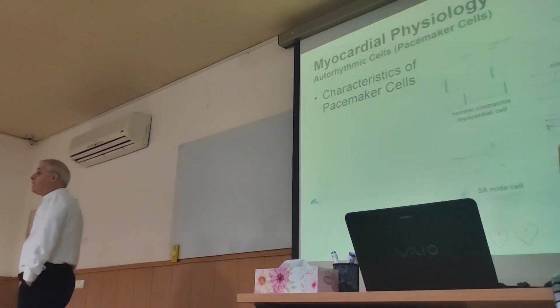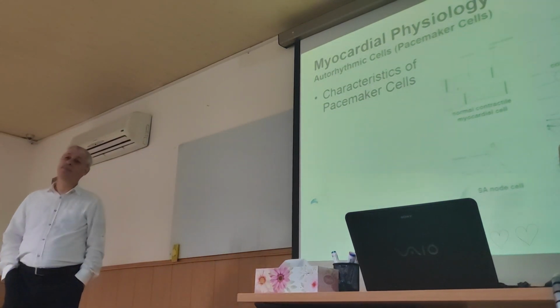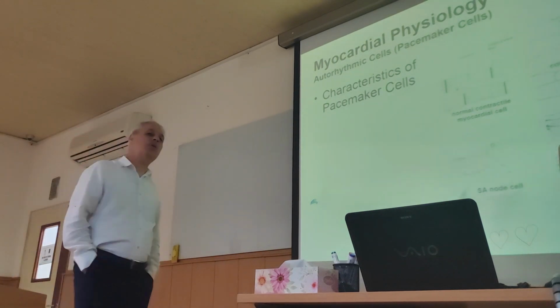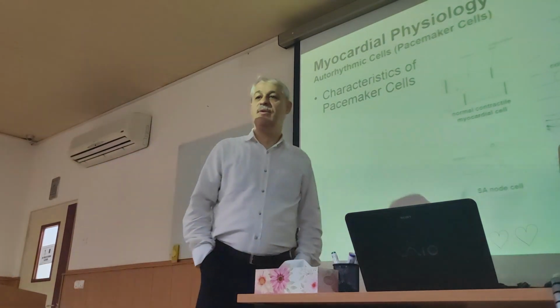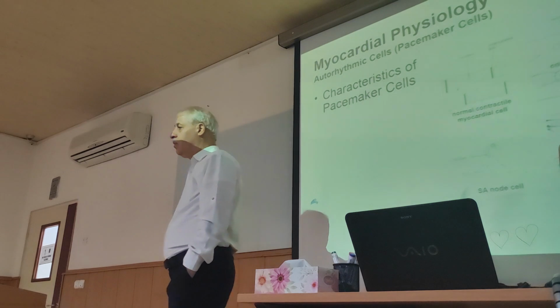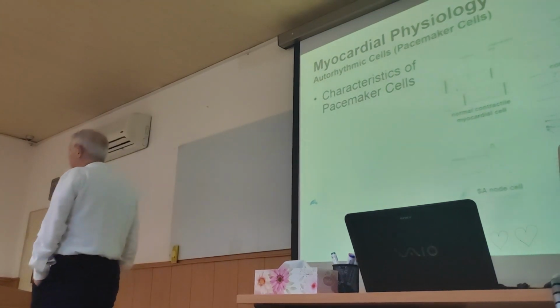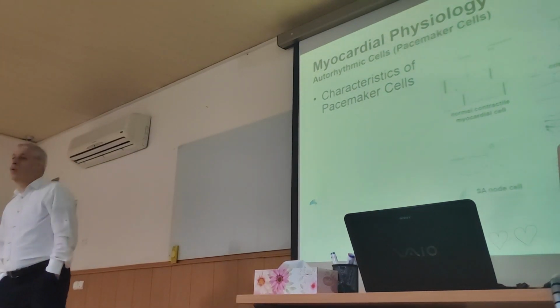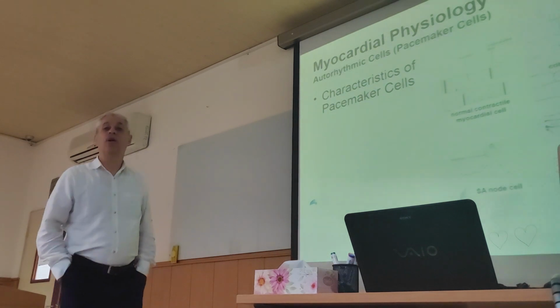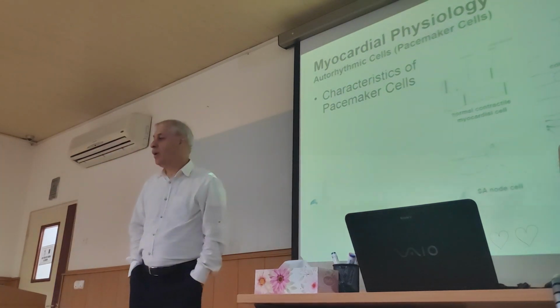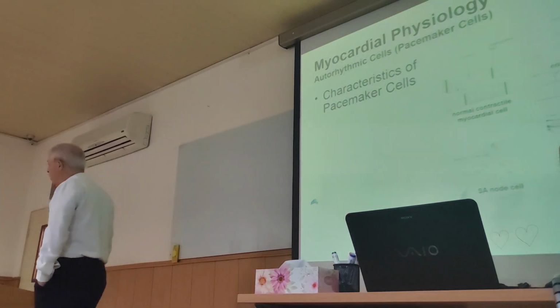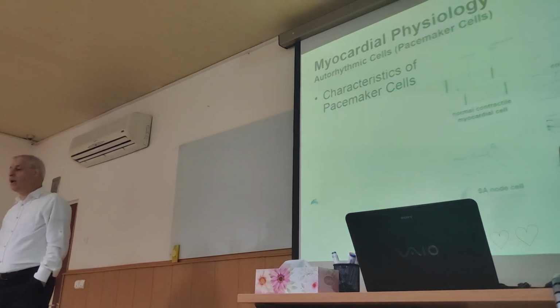It is a very low resistance opening. So when an electrical current starts from somewhere in the heart, it can easily pass through the heart simultaneously. So the cardiac cells are connected to each other via gap junctions.